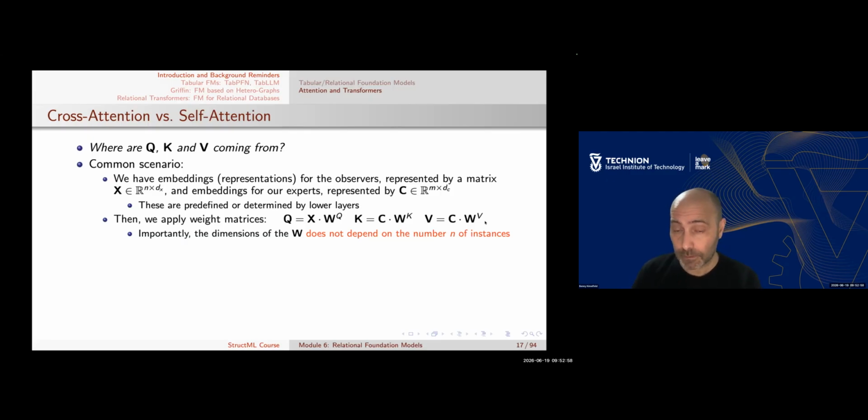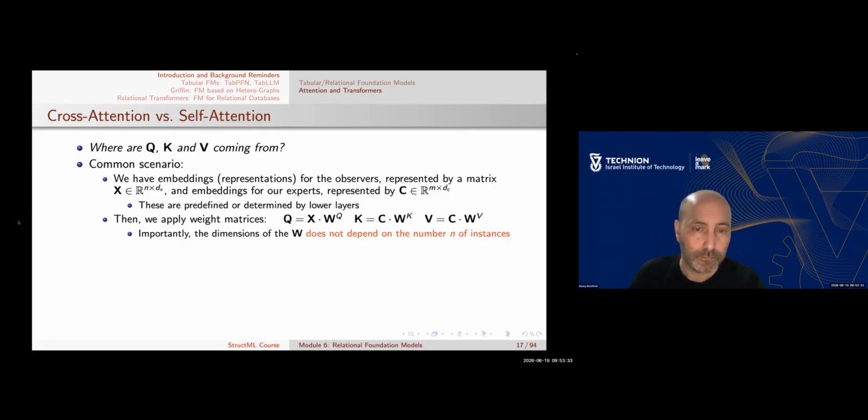In particular, it's important to realize that these weight matrices, where every entry is a parameter, this is something that we learn. These matrices are of a size that does not depend on n, the number of instances, the number of observers, the number of experts. That's important because this means that we can train them using different sets of different sizes of experts and observers.